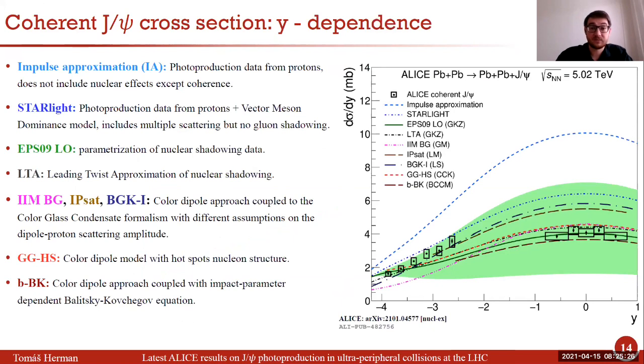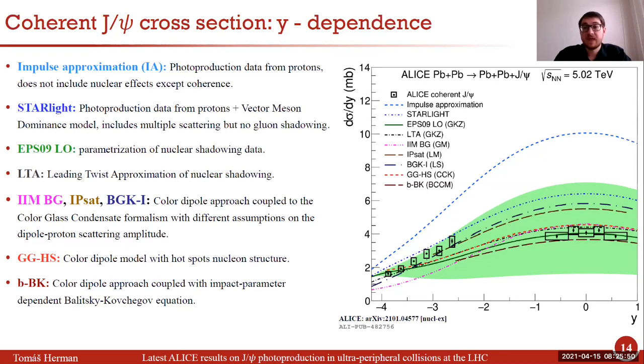So we have the impulse approximation, which is based on photoproduction data from protons, and it doesn't include nuclear effects except coherence. Then we have STARlight, which is similar, but in addition, it has a vector meson dominance model to include multiple scattering. Then we have the AB-09 parametrization of nuclear shadowing data, the leading twist approximation of nuclear shadowing data.